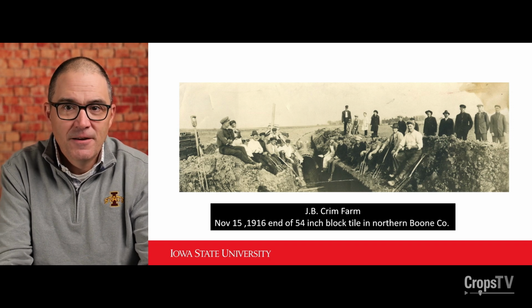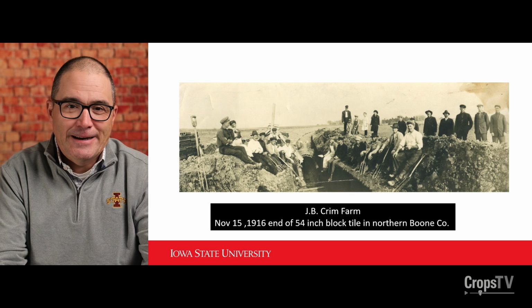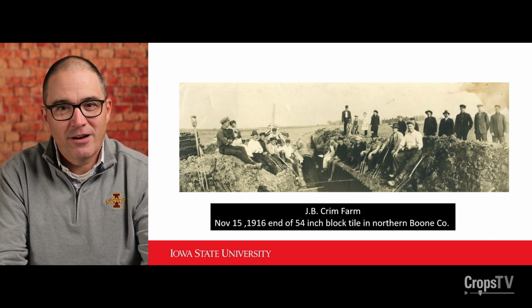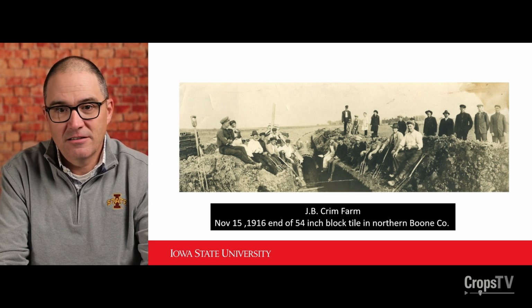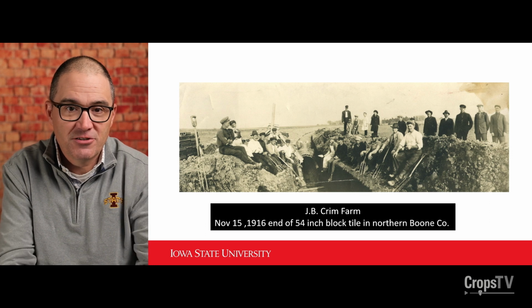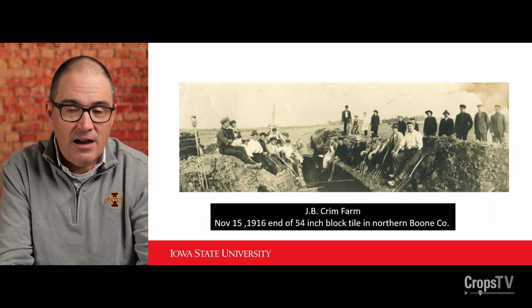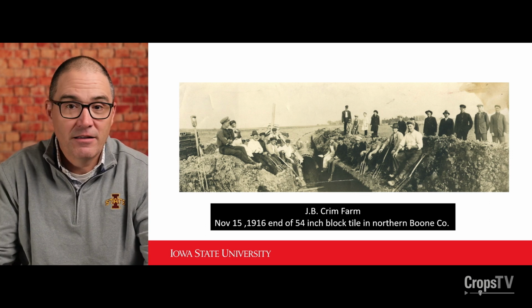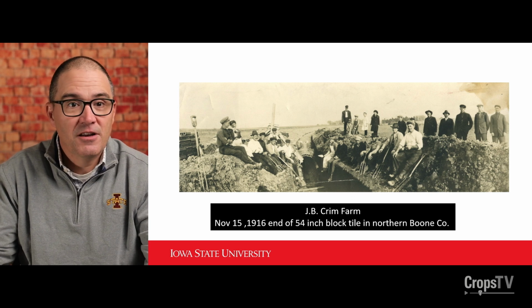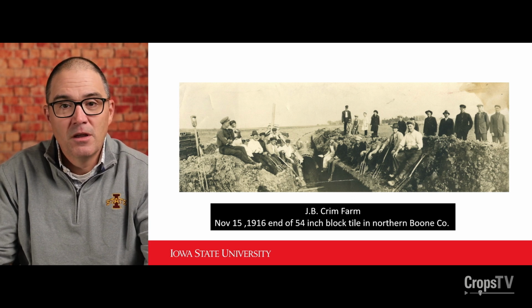I like this slide, kind of illustrates what backbreaking work it was to drain our landscape. This is from over 100 years ago, a 54-inch block tile in northern Boone County. A colleague that works with me, it's near his family's farm.